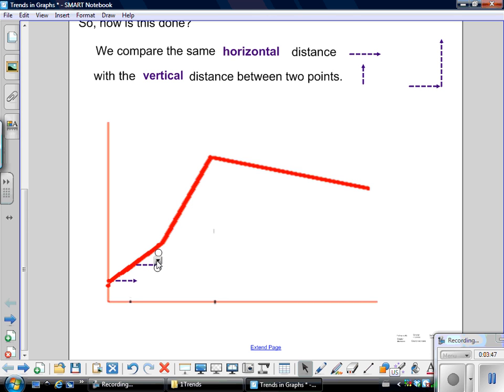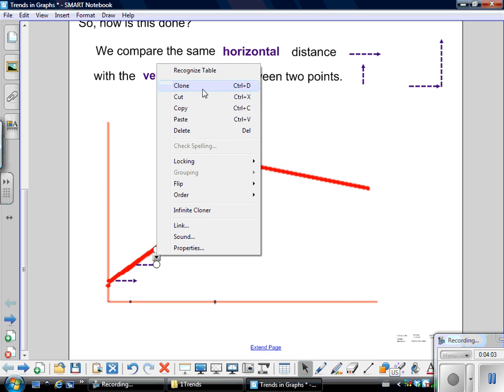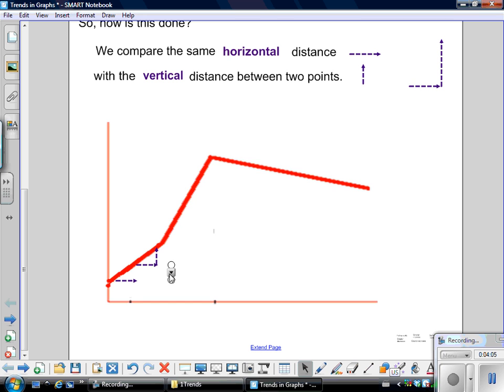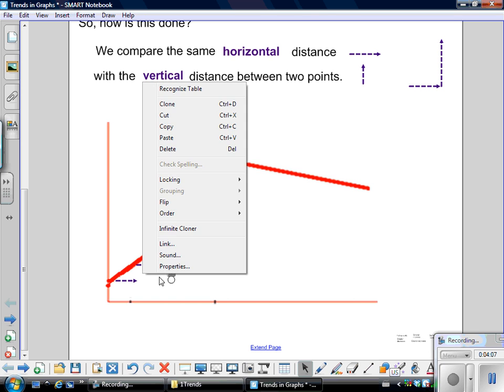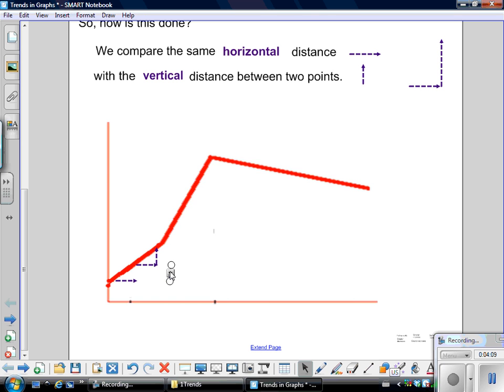I have to shrink it in order for me to make a triangle. Okay, so that roughly looks like what it is. Now, I'm comparing that horizontal distance with this horizontal distance. And so I'm going to clone this one and I'm going to see. Now, obviously, you're not going to clone on your page.